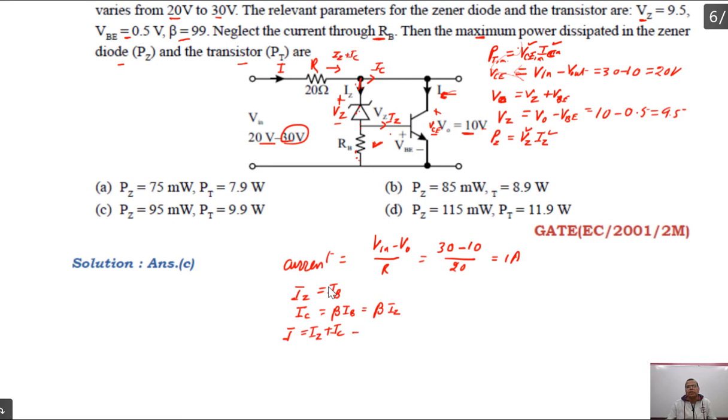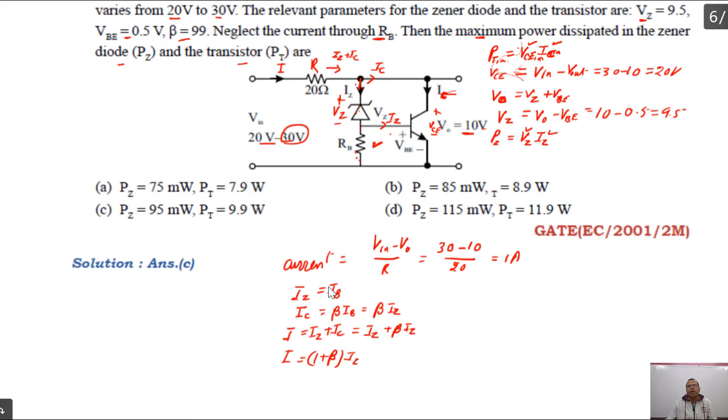So this is equal to IZ plus beta into IZ, right? Because your collector current is beta into IZ. This is what we have seen. So current I is equal to 1 plus beta, into IZ.